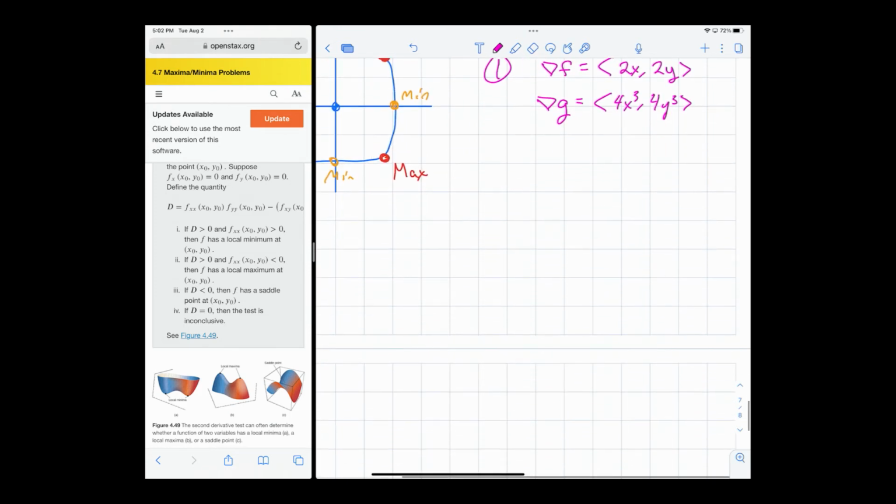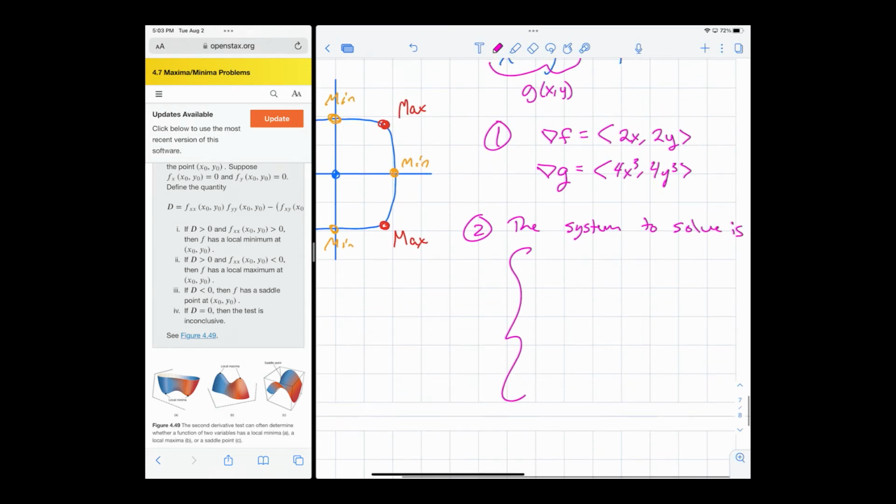So we have our partials, and then the system we need to solve for Lagrange multipliers is going to be this thing equals a constant times this thing. So 2x equals lambda 4x cubed.